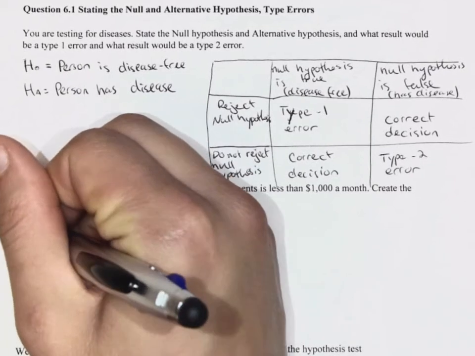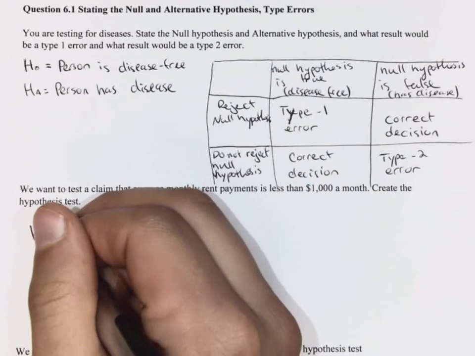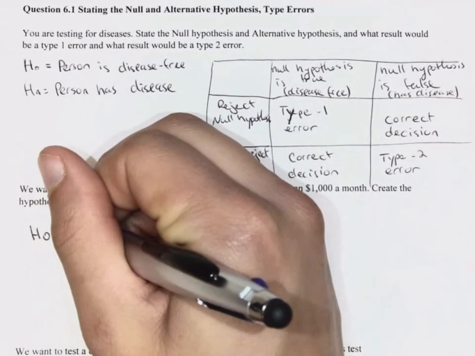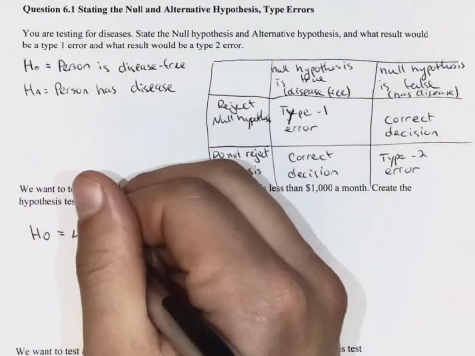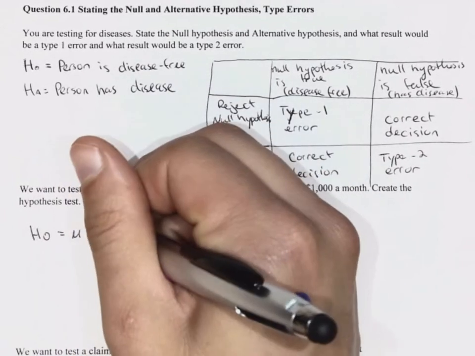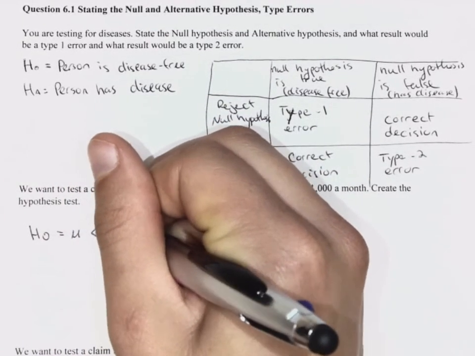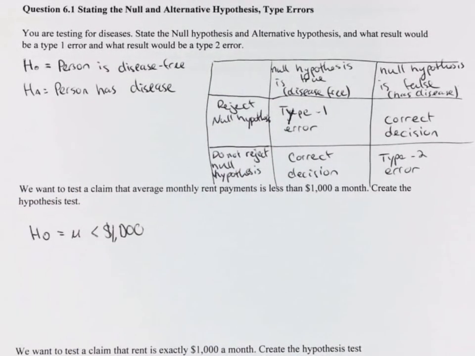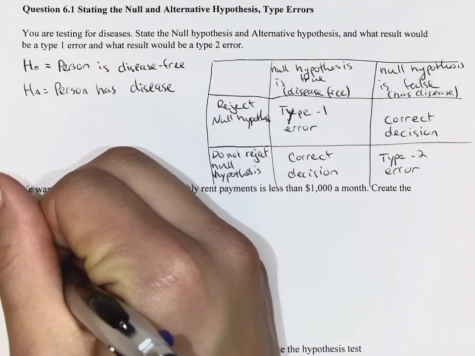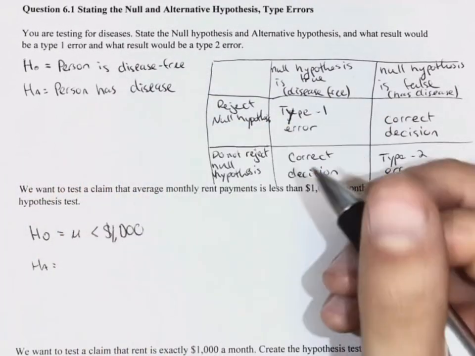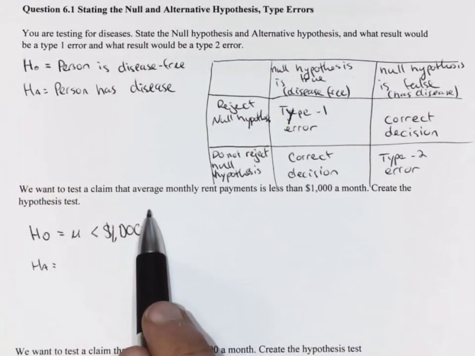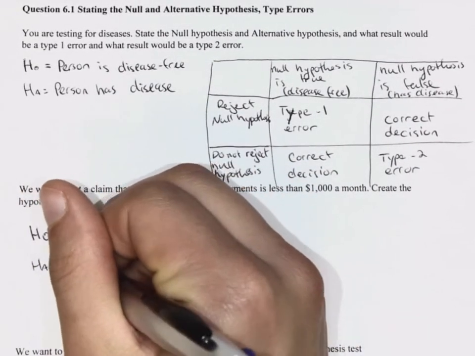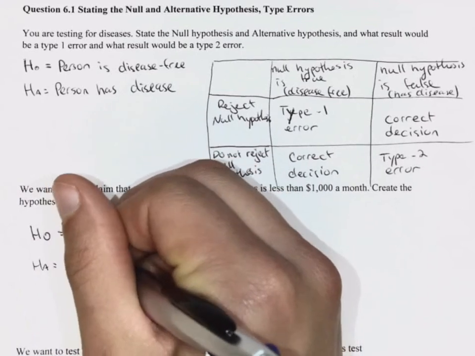So we would test our null hypothesis that the average of rent payments are less than $1,000, and the alternative would be that the average is larger than or equal to $1,000.